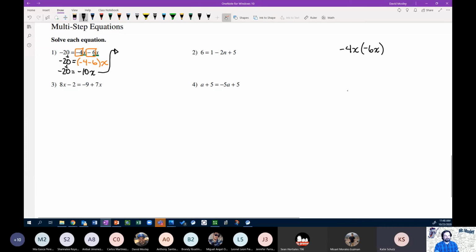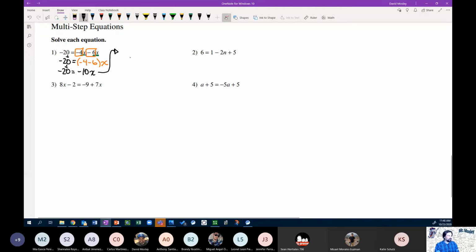Which is why in the previous example, I made sure to put the parentheses around the -4. Yeah, we're not ready to do the multiplying stuff yet because that results in a different type of equation that we're not doing yet.